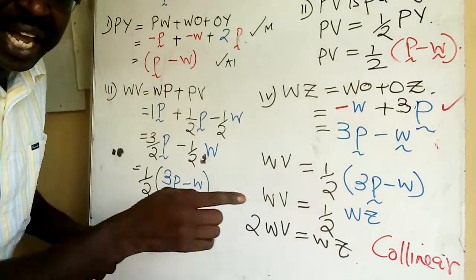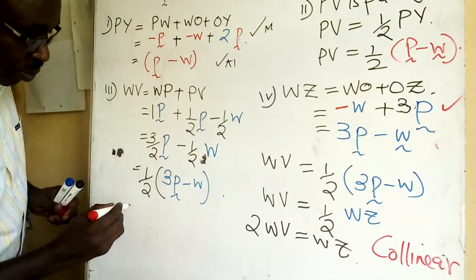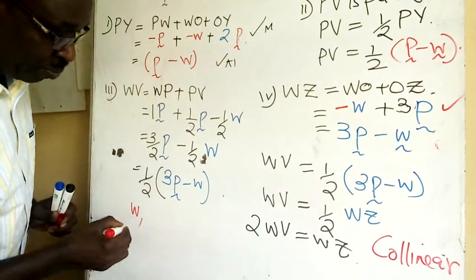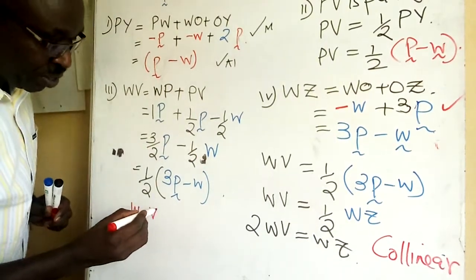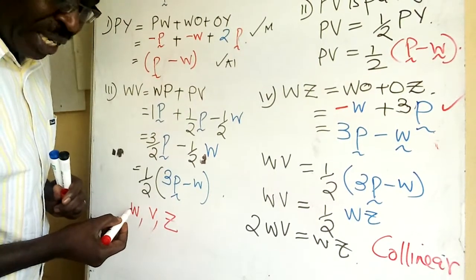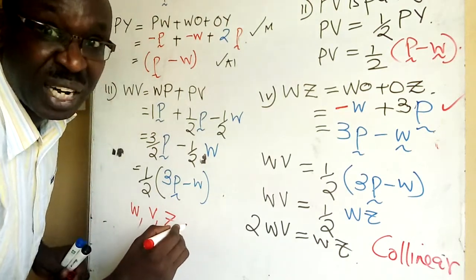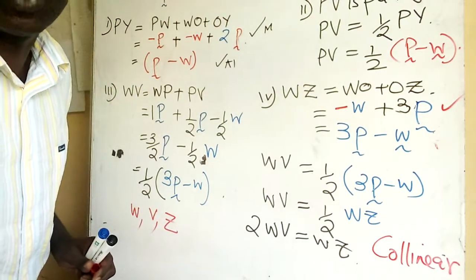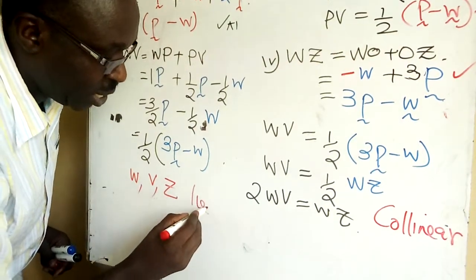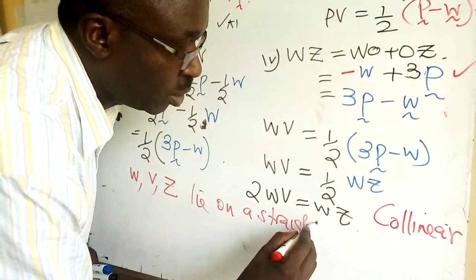So we can say, look at the letters involved. We have W, V, and Z. Then we say W, V, Z lie on a straight line.